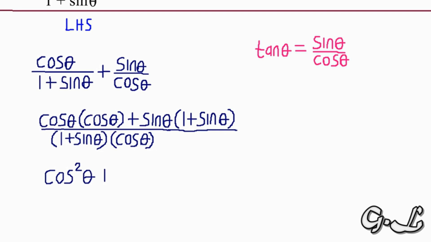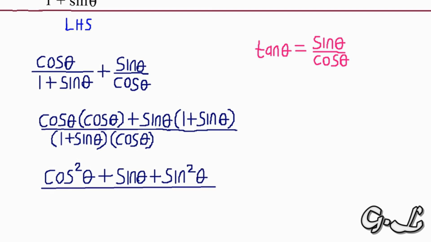So we're going to maintain the plus, and we're going to say sine theta times 1 gives you sine theta. Again, sine theta times sine theta gives you sine squared theta. So you're going to have the numerator as cos squared theta plus sine theta plus sine squared theta. So that is your numerator.